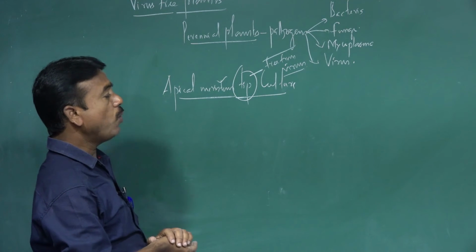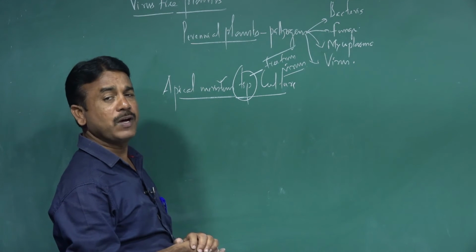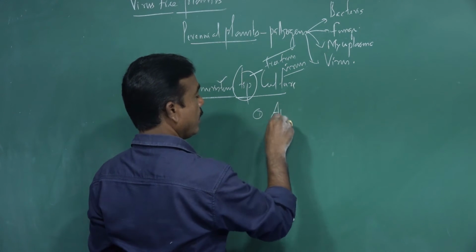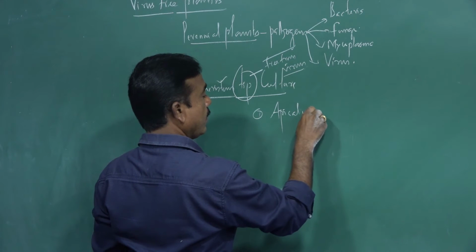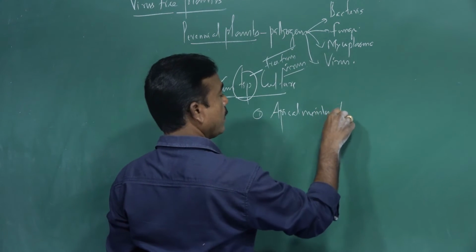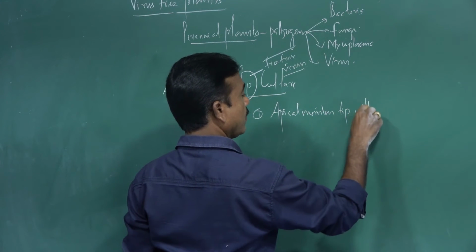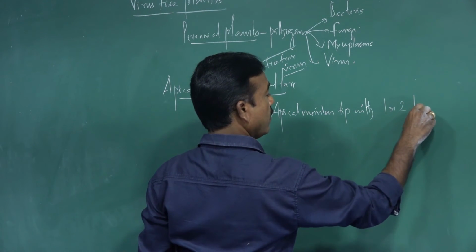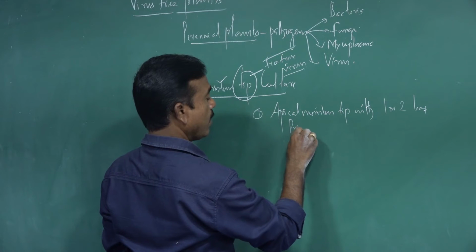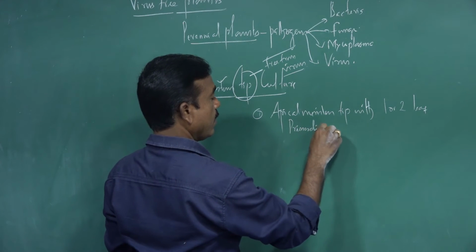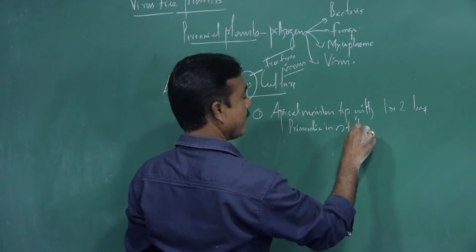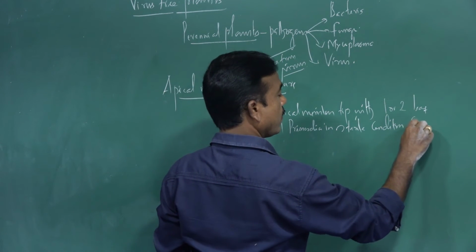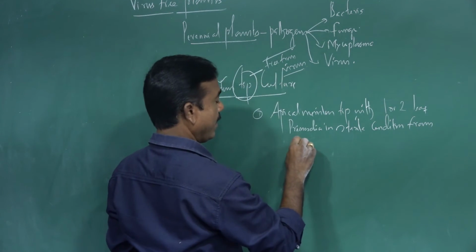Okay. What is the protocol to prepare virus-free plants? The first thing: the apical meristem tip with 1 or 2 leaf primordia is taken in sterile condition from the plant.